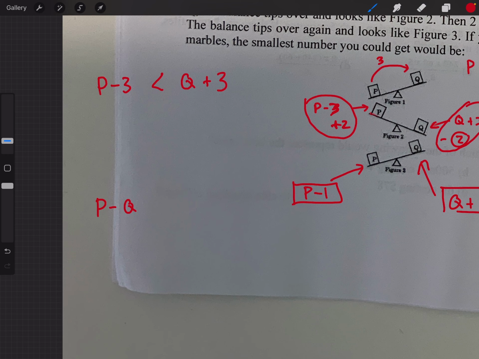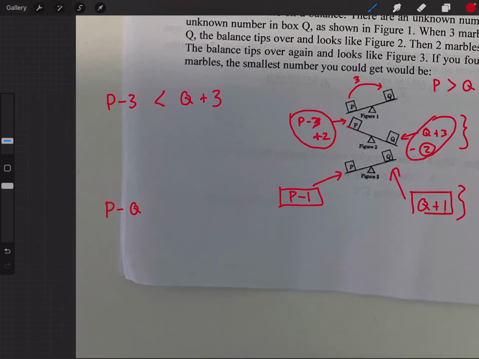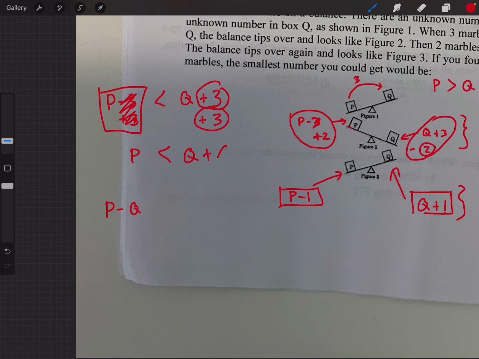Okay, so at the moment it stays like that. Now what we're going to do is we're going to add 3 marbles to both sides, and that's going to give us, so when you have P missing 3 marbles, we just added 3 marbles back to it, so it's just back to P now. And now Q just got an extra 3 marbles, and then an extra 3 marbles again, so Q plus 6.